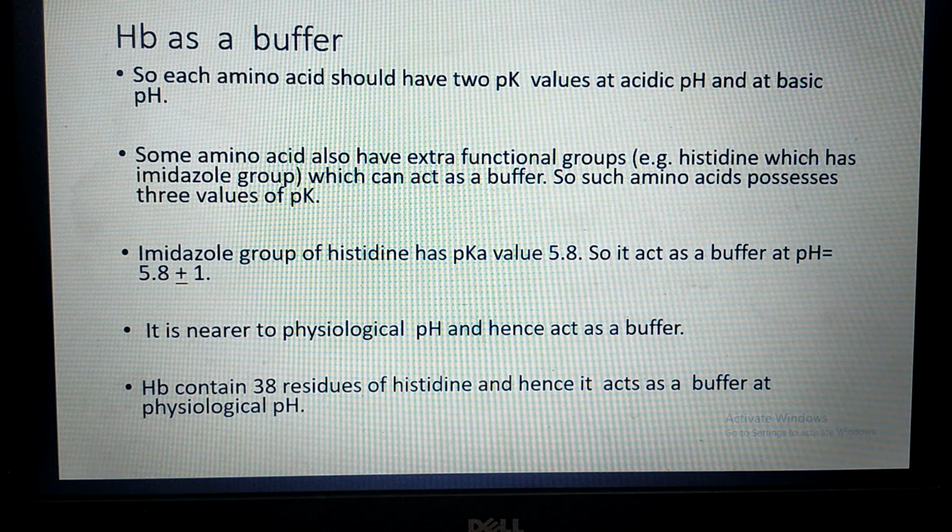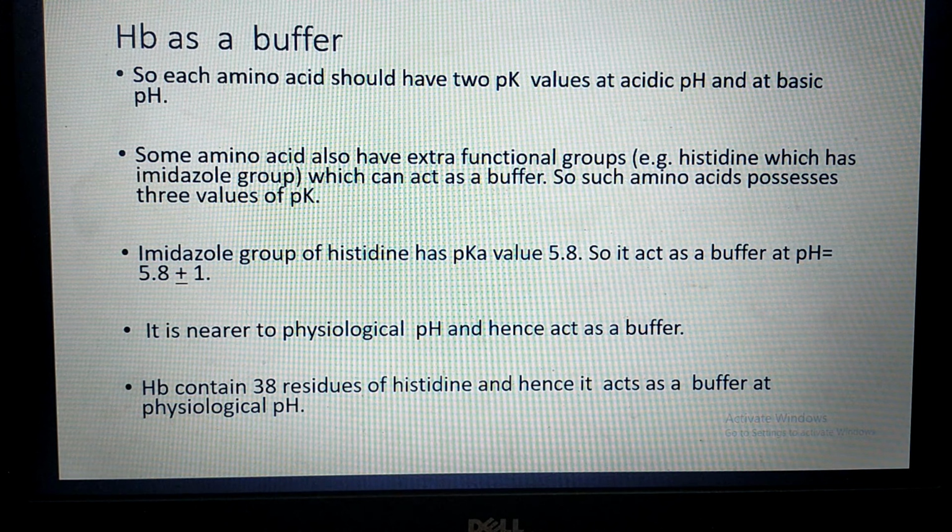Some amino acids have an extra functional group. Example, histidine, which has an imidazole group, which ionizes at pH 5.8. So such groups also act as a buffer at various pH.